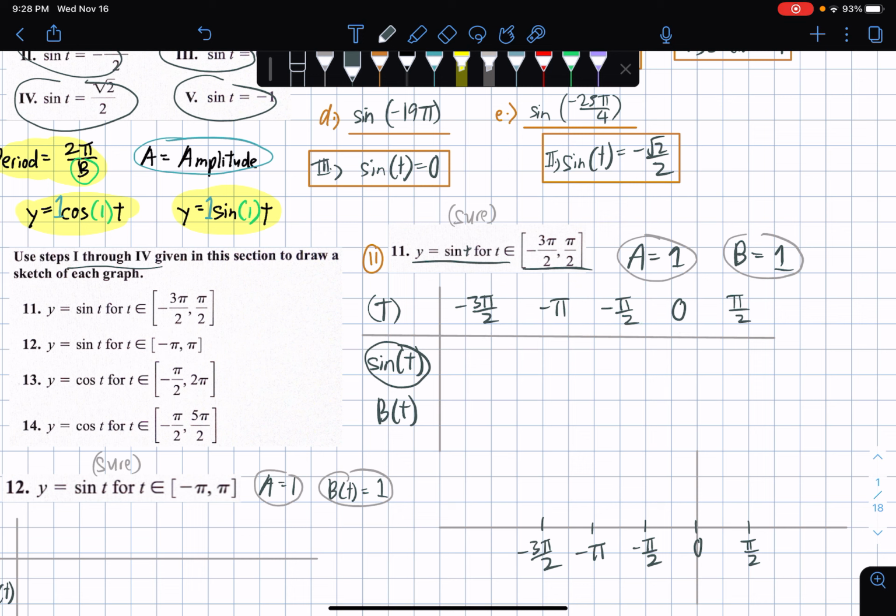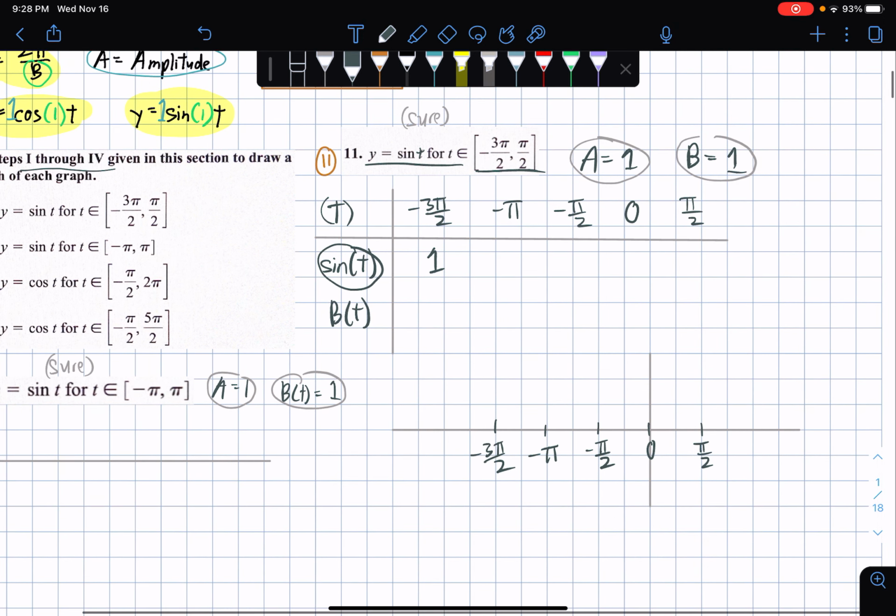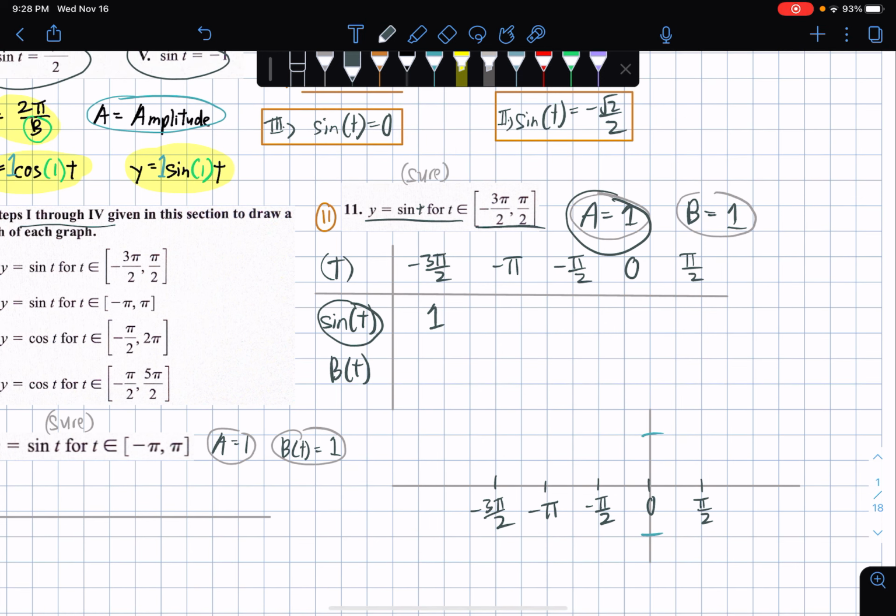So for instance, sine negative 3 pi over 2 is 1. So whatever is here in sine t, it's basically going to be the amplitude. Because your amplitude is 1, whether your sine function is positive or negative, the amplitude will always be 1 since it's an absolute value.